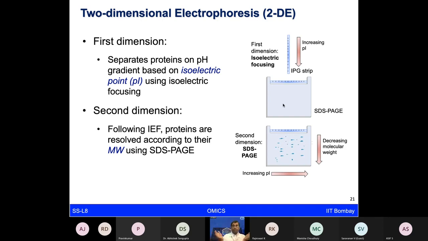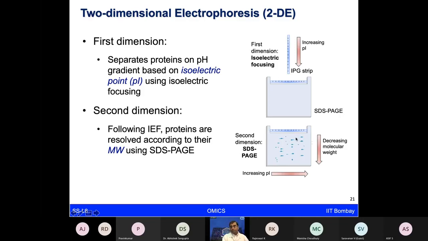Then you put them in the electric focusing unit, IEF, which separates proteins based on the isoelectric point, and that is known as the first dimension separation. Once this part is done, you can take that strip and put it in the SDS-PAGE, which you already have learned. And now all the proteins can separate based on the molecular weight.